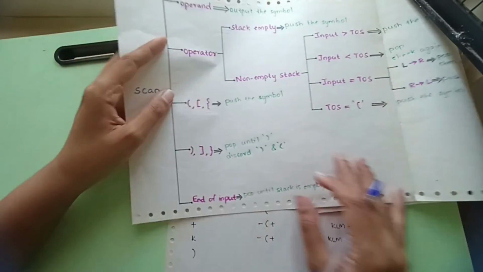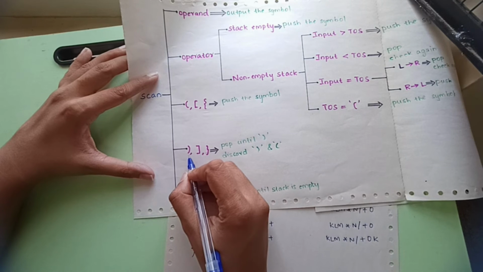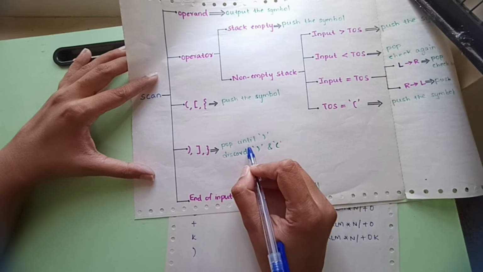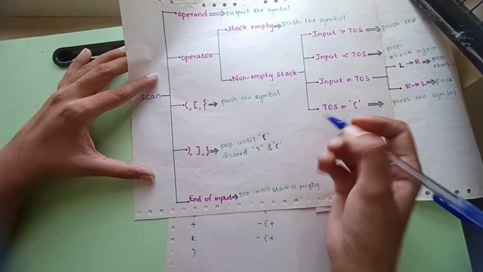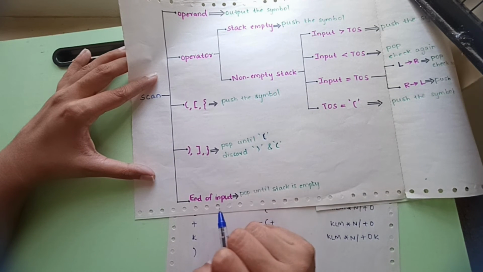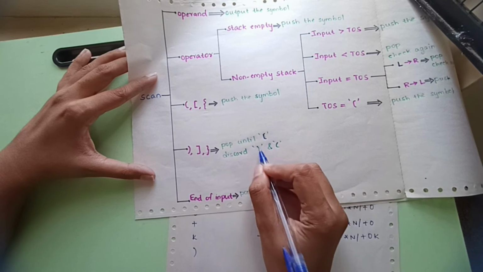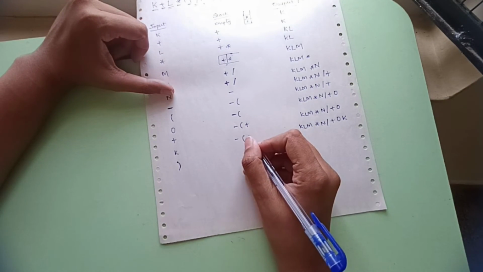Now that we have scanned the closing bracket, pop until you see the opening bracket, and discard both the brackets. You have to pop the contents of the stack until you see the opening bracket.